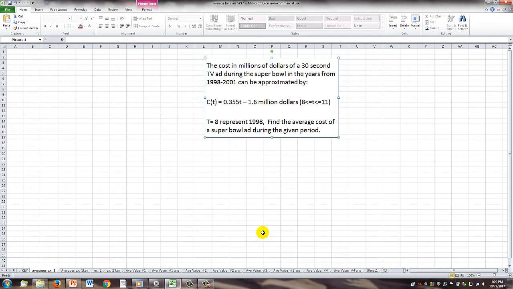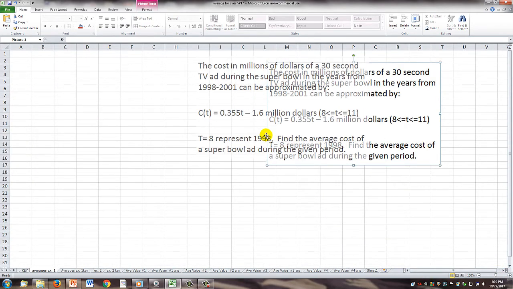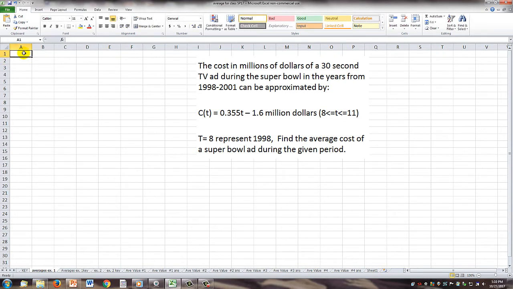Okay, so this first example is sort of an example that provides proof that this really does work. We have the cost in millions of dollars of a 30-second TV ad during the Super Bowl in the years from 1988 to 2001 that can be approximated by this cost function. And this cost function, notice, is linear.